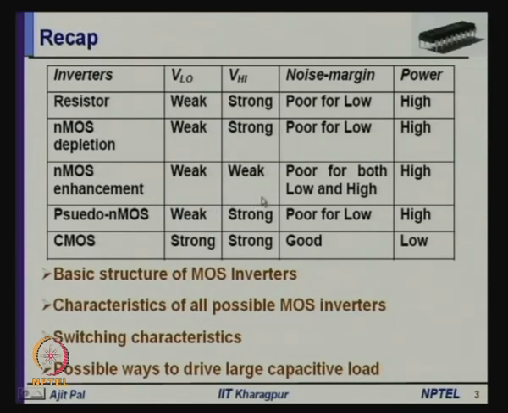On the other hand, only for the NMOS enhancement transistor the high level is weak, for all other cases the high level is strong. So, the noise margin for NMOS enhancement type pull up device is inferior, and as a consequence the NMOS enhancement type transistor is never used in realizing inverters and other types of circuits.